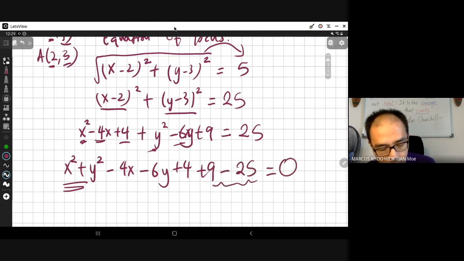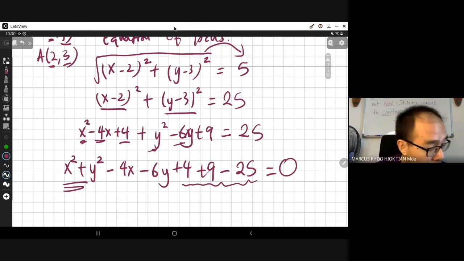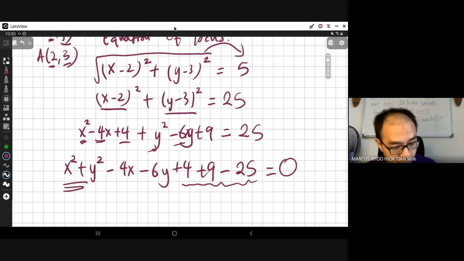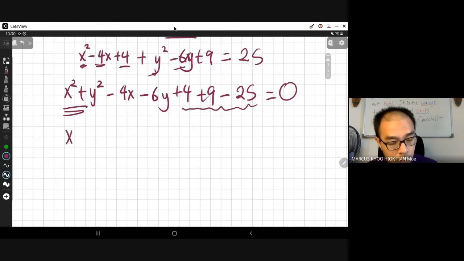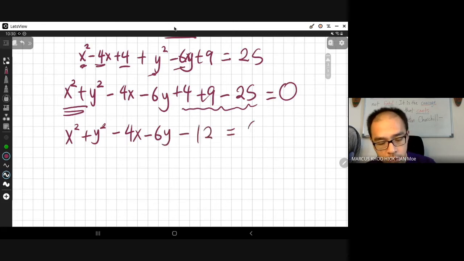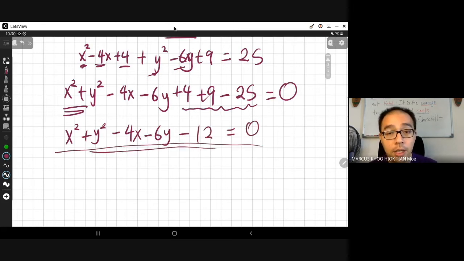What does this give you, everyone? 4 plus 9 minus 25. So x squared plus y squared minus 4x minus 6y minus 12 equals 0. That's it. This is our equation of the locus. You cannot do anything more; you cannot add anything, you cannot subtract anything, so just leave it like that.